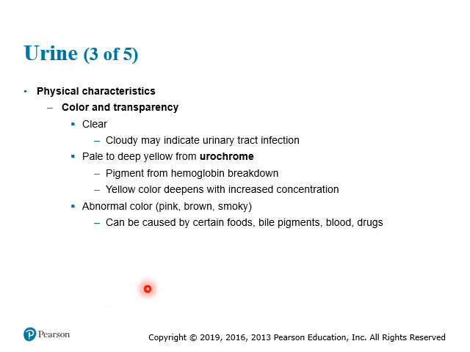So let's take a look at the physical characteristics of urine. Usually it is clear. It may be cloudy, which may indicate a urinary tract infection, or something that you might have eaten, or something placed along the urethra, such as an ointment that sometimes people put.